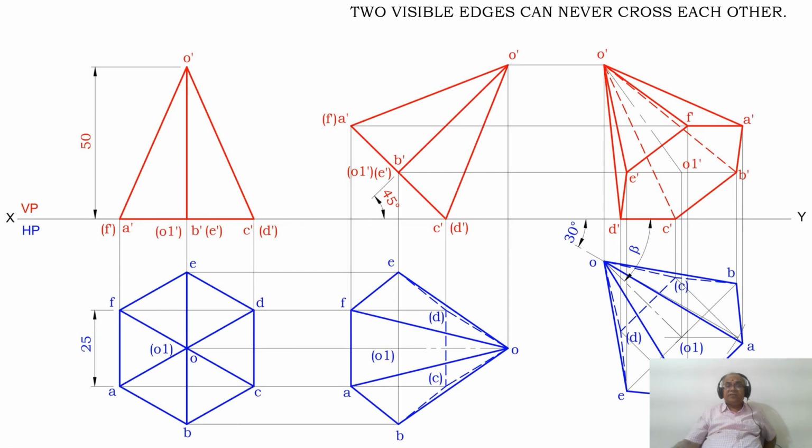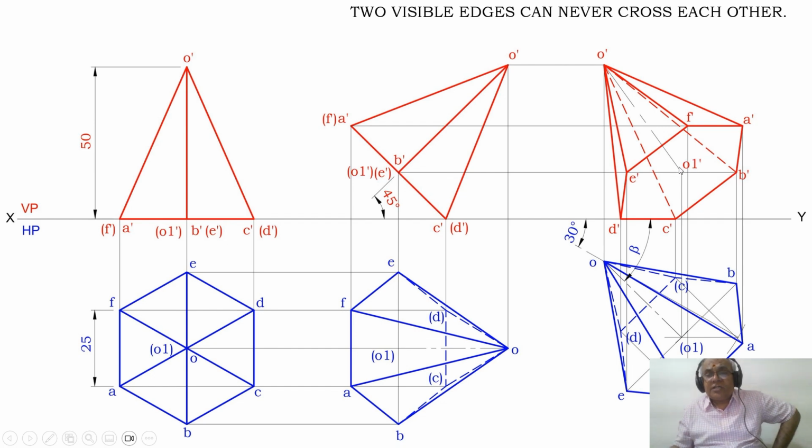So that is what we can see here. Both B dash O dash and C dash O dash are crossing the visible edge E dash F dash. Therefore, O dash B dash and O dash C dash are going to become invisible.